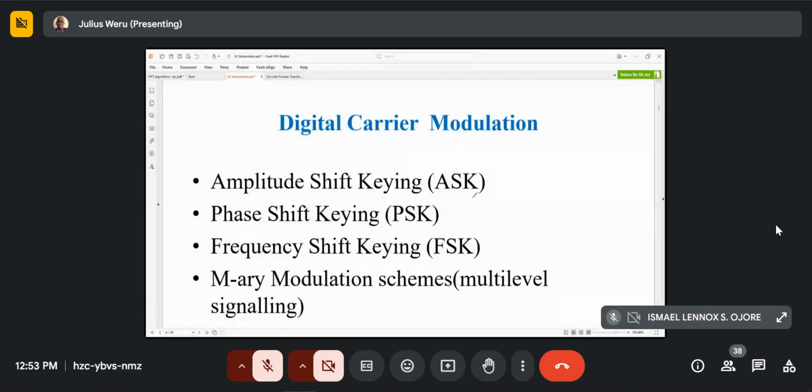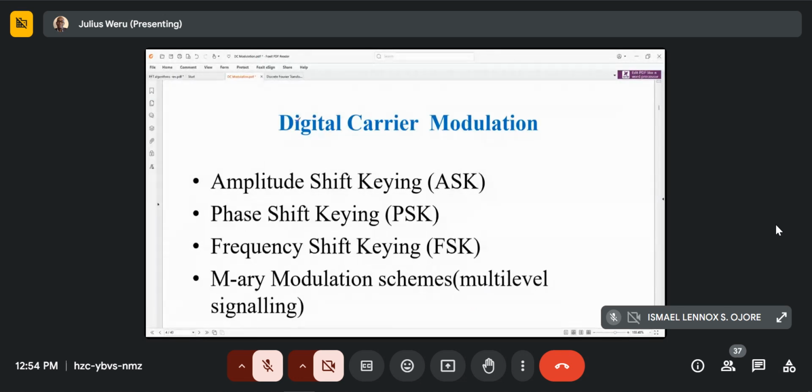And of course, we have M-ary. Anything other than binary, we call M-ary modulation schemes, where you have multi-level signaling. Remember, when you have binary, you have only two signals.